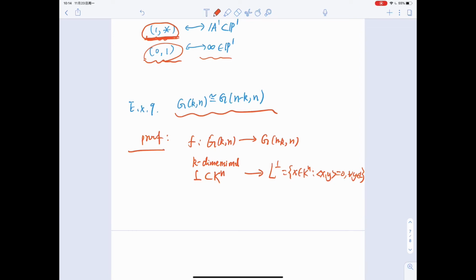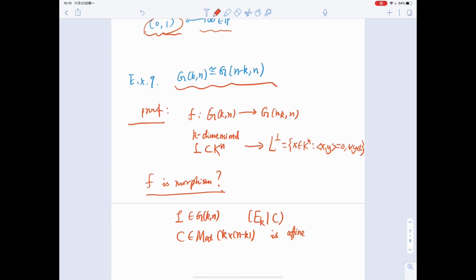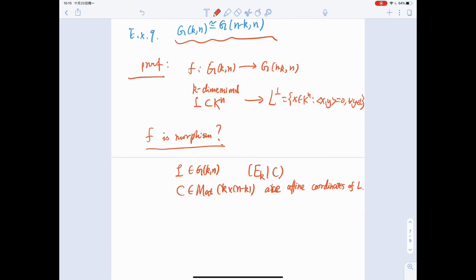We do this on an affine coordinate. Let L be described as the subspace spanned by the rows of the matrix (I_k | C), and the matrix C as the affine coordinate of L. Note that we have this equation.